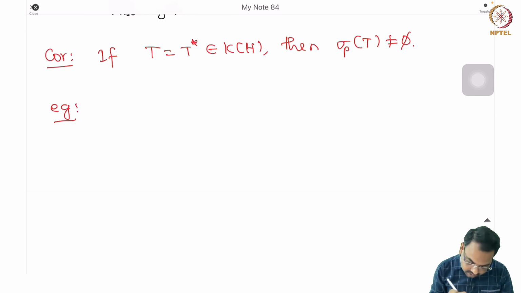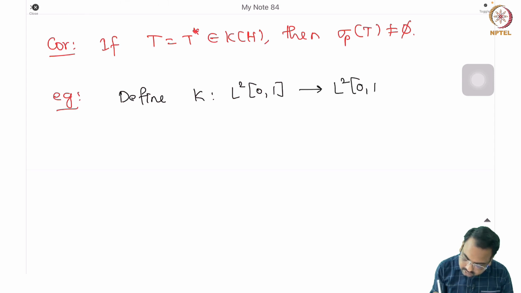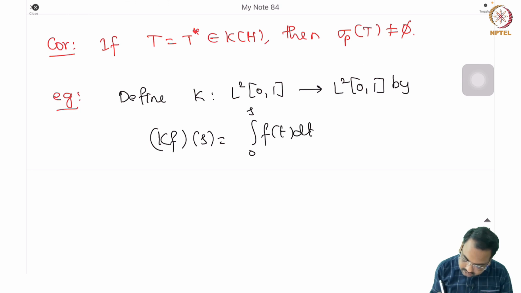Earlier we have discussed this example. Define K from L2[0,1] into L2[0,1] by Kf at s is integral 0 to s f(t) dt, for every f in L2[0,1].